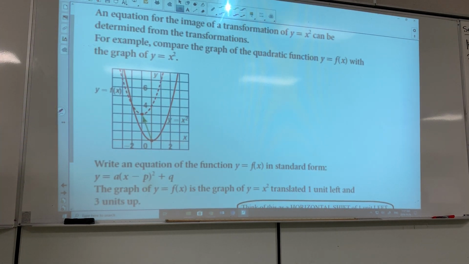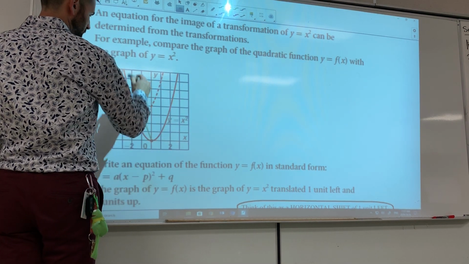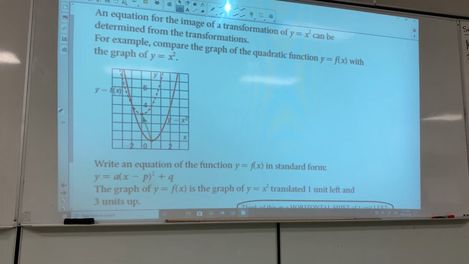An equation for the image of the transformation of y equals x squared can be determined from the transformations. So what we got going on here is we got two graphs. We're starting with y equals x squared, which is in red, and then the red one that's dotted is some transformation on that graph.